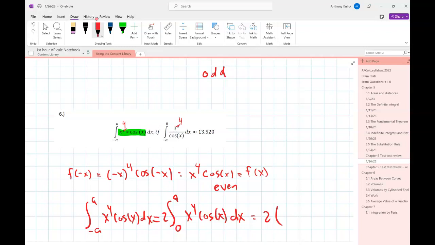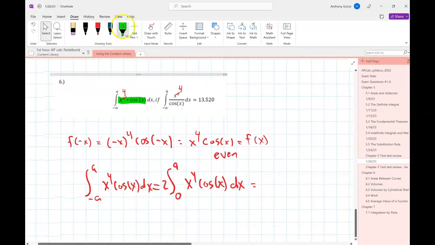We're told that the thing we're given is from negative a to 0, but that's okay, right? What we've written here is going to be the same thing as negative a to 0, right?